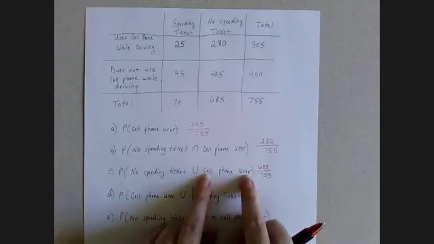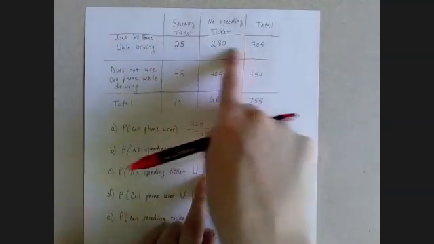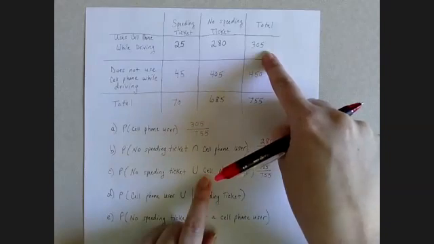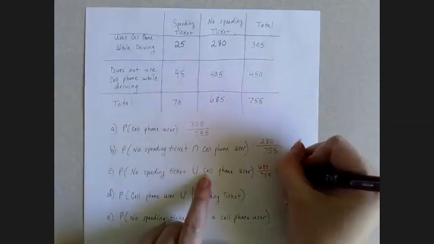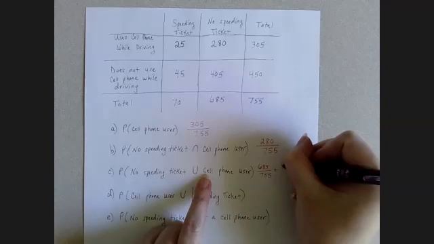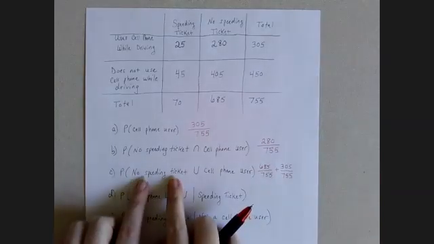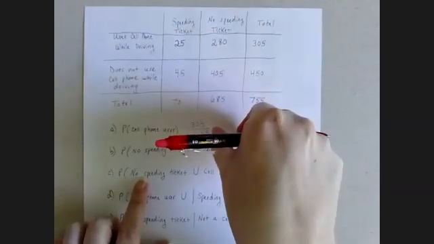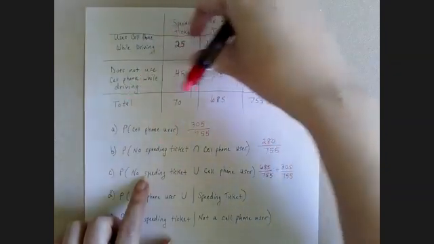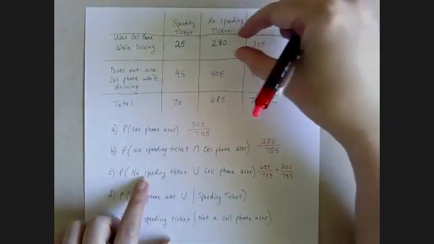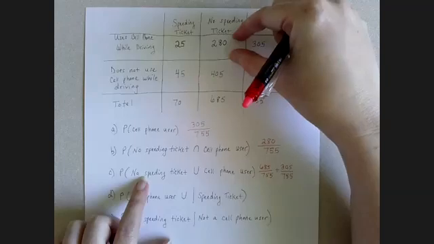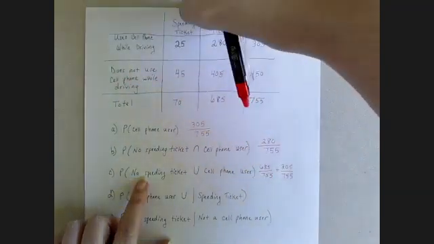Or cell phone user is this row right here. So we have 305 out of our 755. So I'm going to add those two things together, but if I do that, we're going to end up with some double counting going on. Okay, so no speeding ticket is in this column. They use a cell phone, that's in this row. But then we've also got this number right here for the people who are actually in this row and this column.